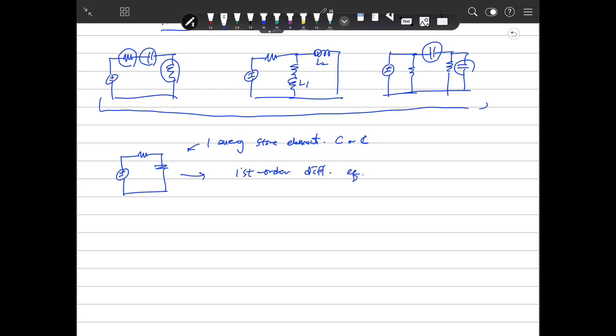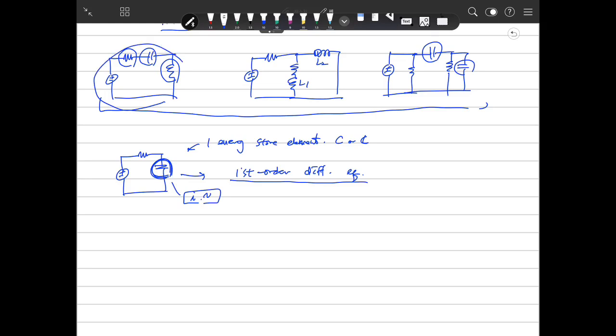Why? Because one capacitor has a relationship between current and voltage that is a derivative. This circuit contains only one capacitor, so the expression of the characteristic of this circuit is a first order differential equation.